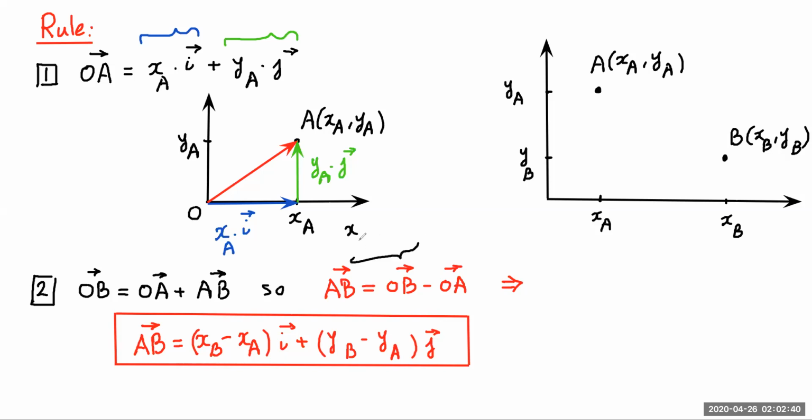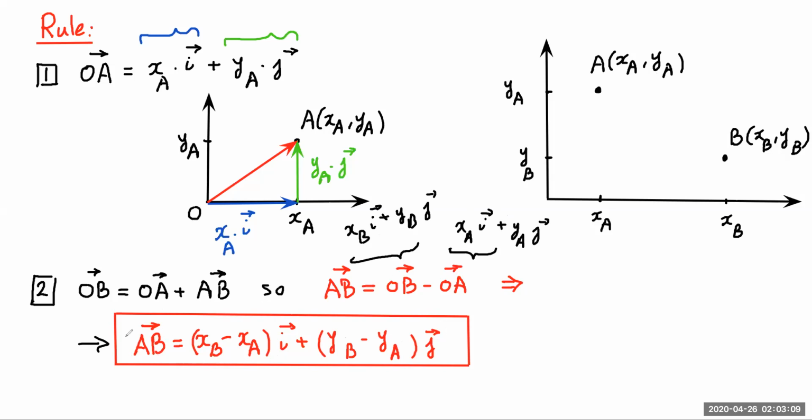OB is xb i plus yb j. What is OA? It's xa i plus ya j. So let's take the subtraction. It will be xb minus xa times i. So I have this formula. Plus yb minus ya times j.